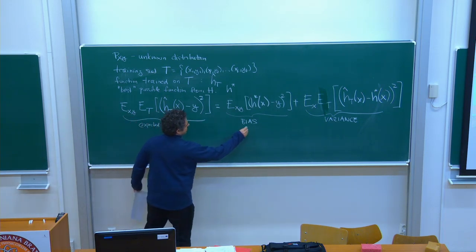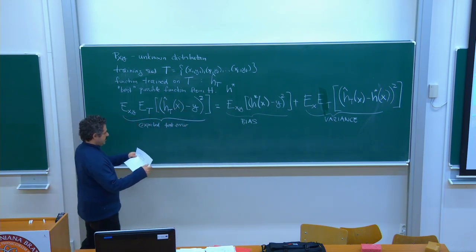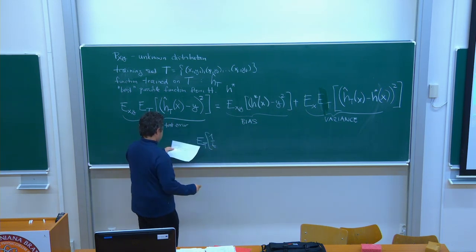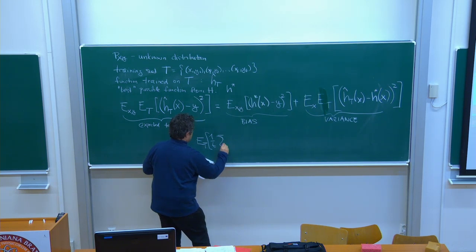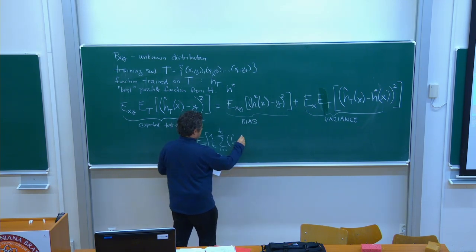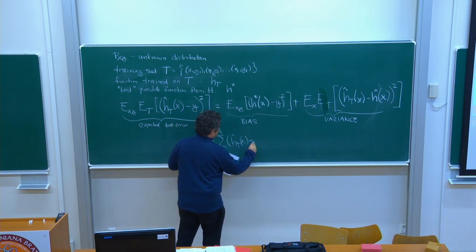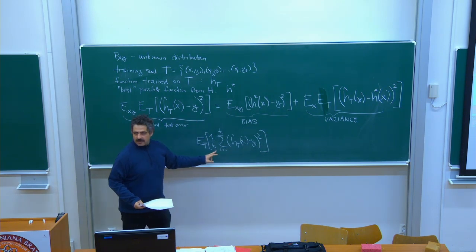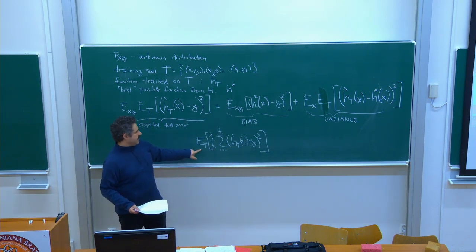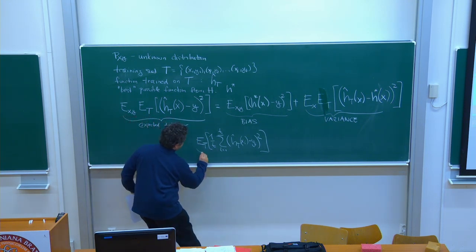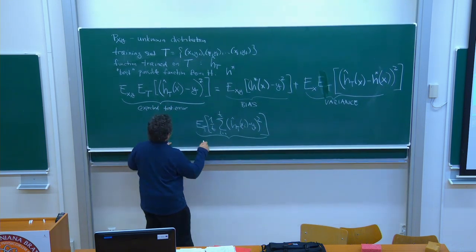So basically, this thing can be rewritten as the expectation over all training sets of 1 over T times the sum of (h(x_i) minus y_i) squared. So this is your training error on a particular training set, and this is the expectation over all possible training sets. So this is expected training error.